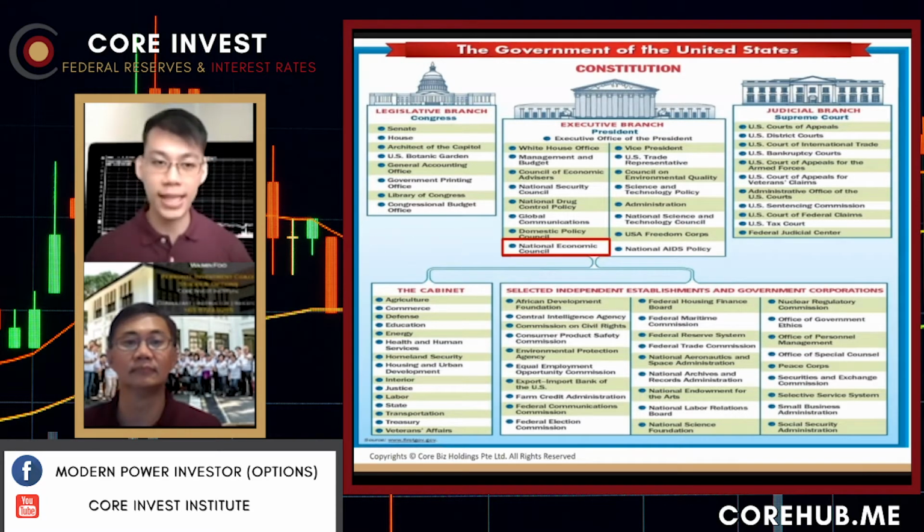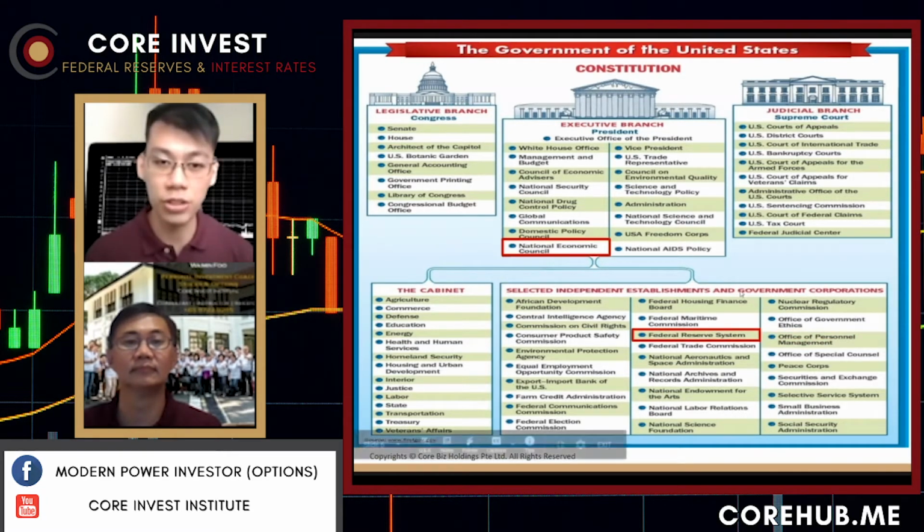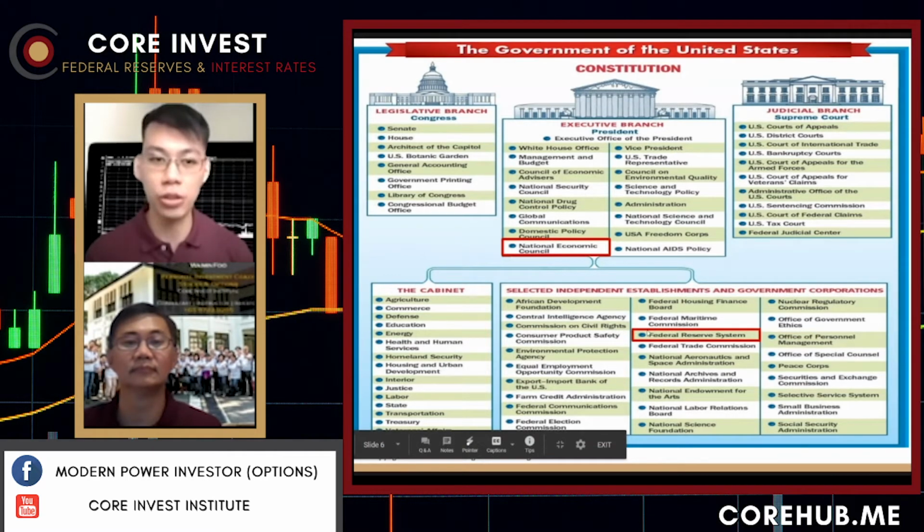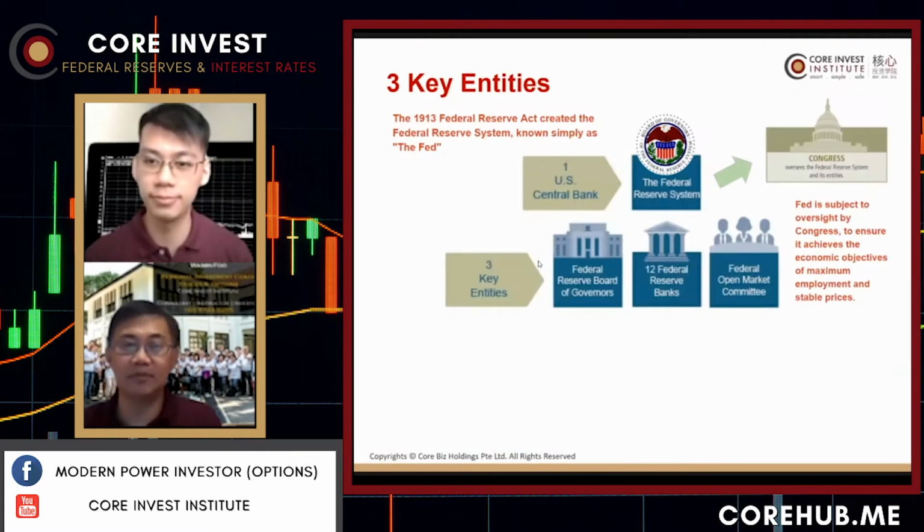Okay, so it's actually in the National Economic Council, where the Federal Reserve System sits. The Federal Reserve was established in 1913 when the Federal Reserve Act was passed, and that is what we call the Fed. The Federal Reserve System is basically a central bank.